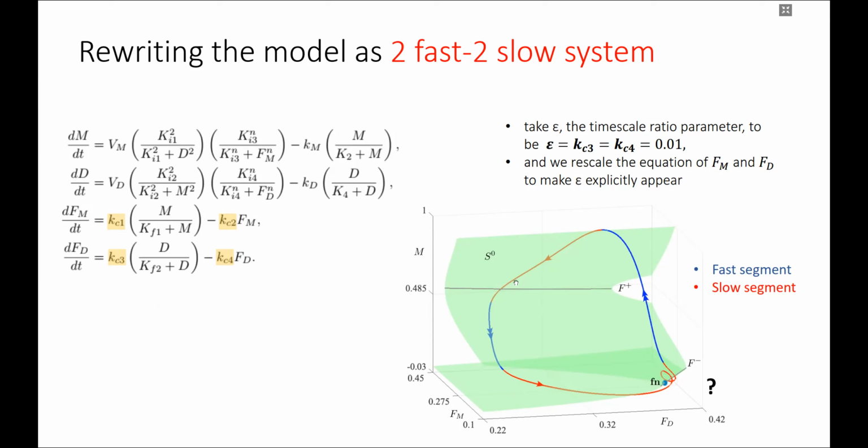Moreover, in the transition from the upper slow segment to the lower slow segment, the transition is abrupt here, whereas in the transition from the lower slow segment to the upper slow segment, there is a turning of the trajectory here, and this causes a delay.